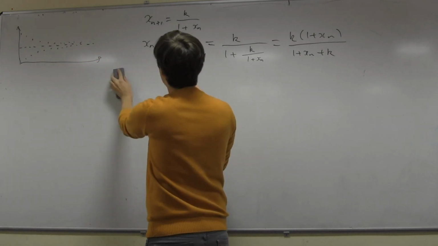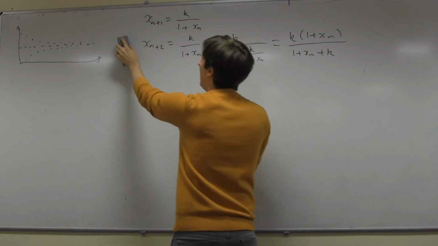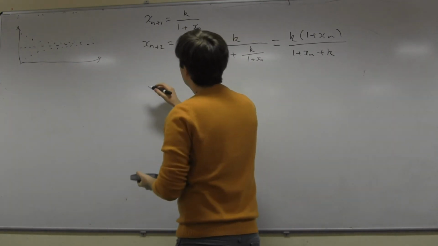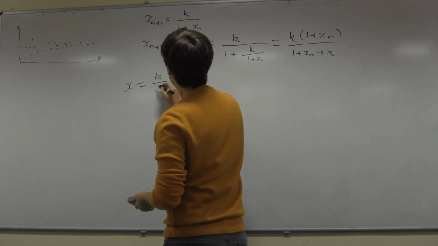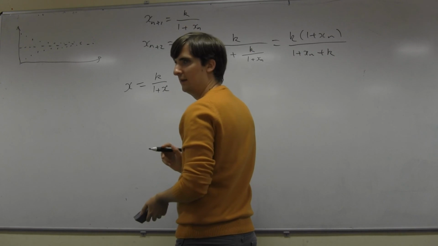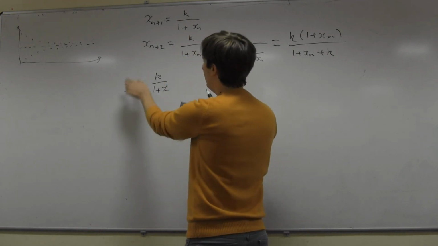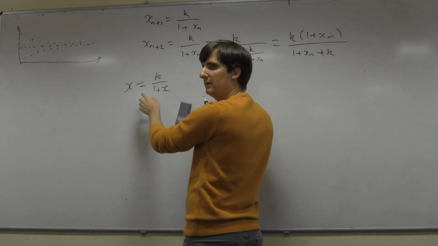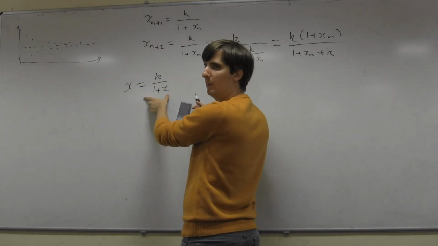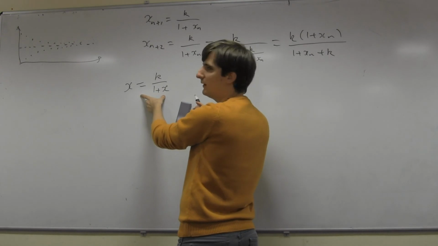But we can solve for what they must tend to, because the point they tend to should satisfy x is k over 1 plus x. If they're at that point, then tomorrow they will also still be at that point. So this, if you like, is the stable point. Once you're at that point, you never leave it.